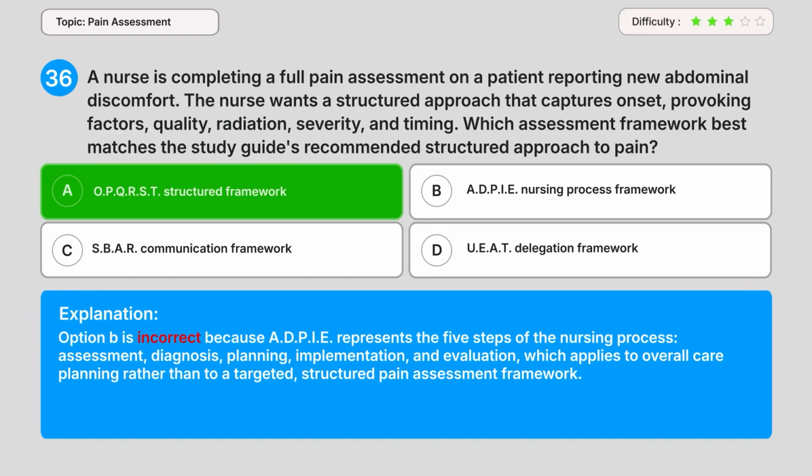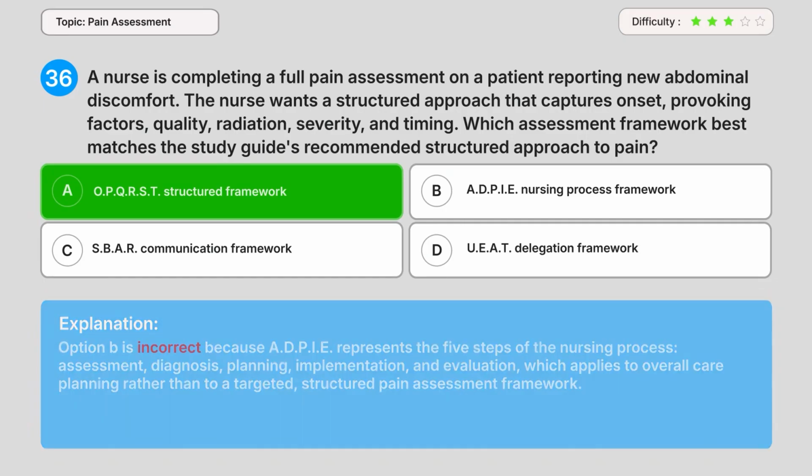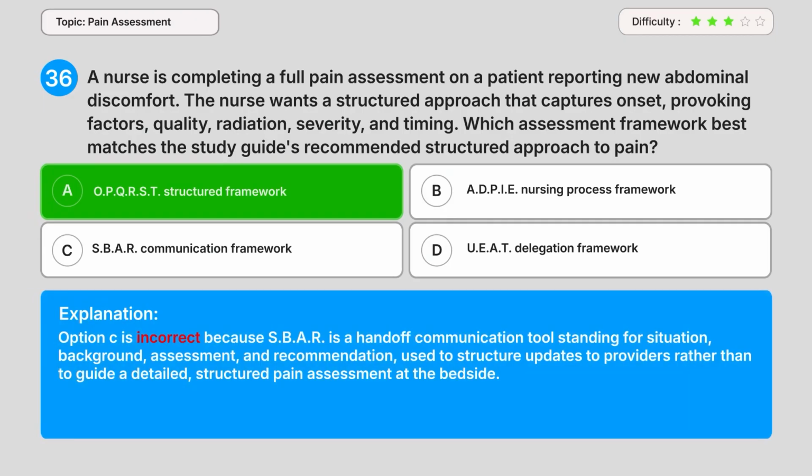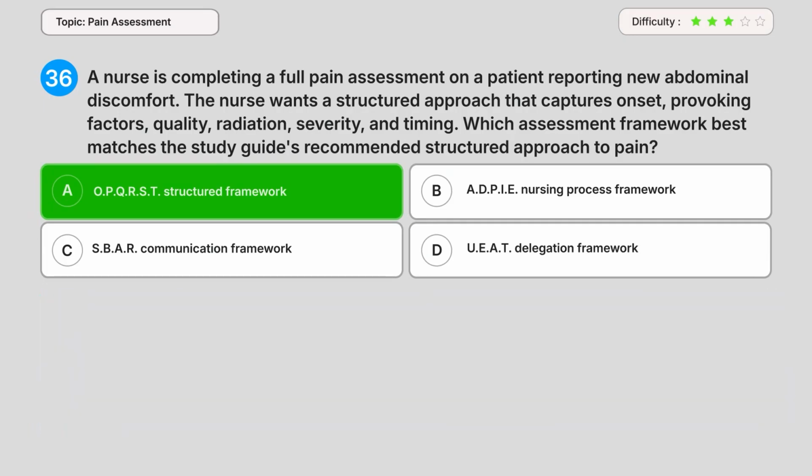Option B is incorrect, because ADPIE represents the 5 steps of the nursing process: assessment, diagnosis, planning, implementation, and evaluation, which applies to overall care planning rather than to a targeted structured pain assessment framework. Option C is incorrect, because SBAR is a handoff communication tool standing for situation, background, assessment, and recommendation, used to structure updates to providers rather than to guide a detailed structured pain assessment at the bedside.